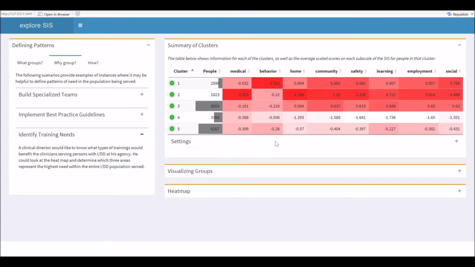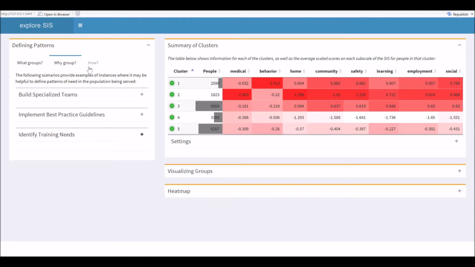This could help identify areas where there are a high level of needs that may not be included in training. So those are just two use cases.